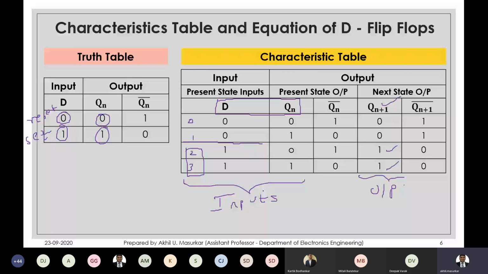Yash has written CP done. What exactly do you want me to do, go to the next slide or no, Yash? So instead of writing present state, next state, you can write here PSOP, and here you can write NSO, present state and next state.